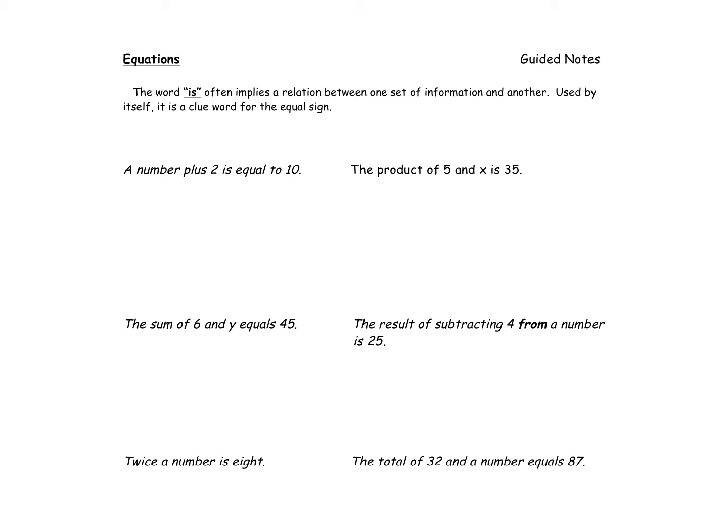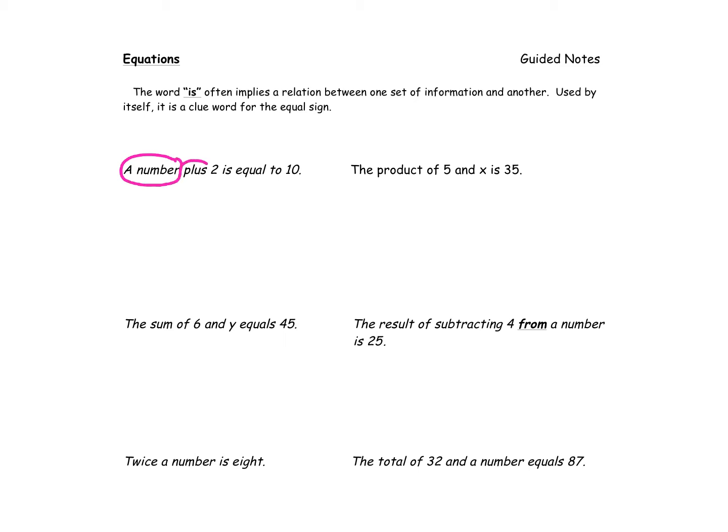So we're going to start by reading through the first example. A number plus 2 is equal to 10. And by the way, once again on this part of it, if it says a number, we're going to use the variable x. So let's circle what we see. A number, that's going to be a variable, x.